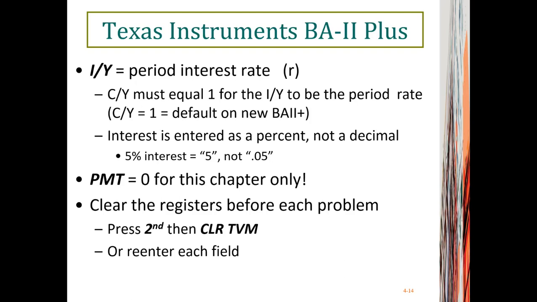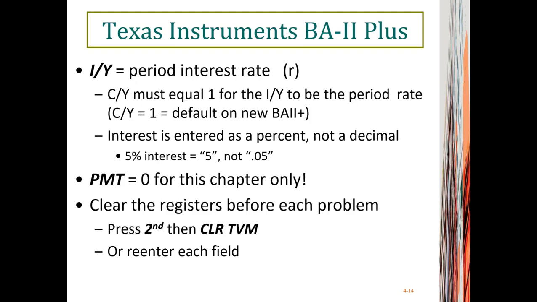1 is good. And sometimes P/Y was set as 4 or 12. In that case, you need to turn it back into 1. So in this class, for all cash flow calculations using a BA II calculator, I want you to make that P/Y, the secondary function above I/Y, 1, or make sure it's consistent with the default setting of 1.